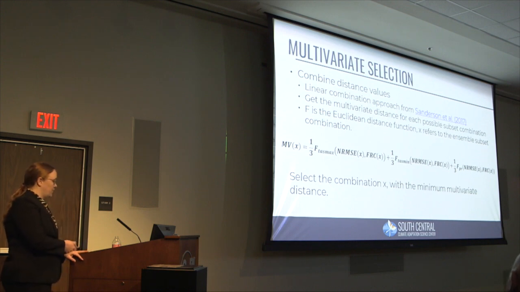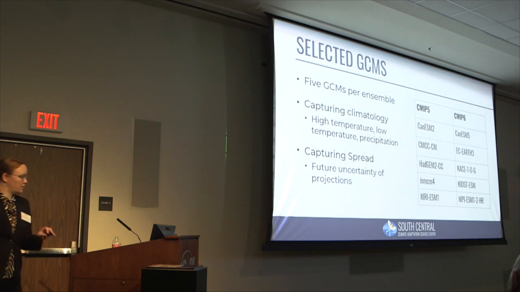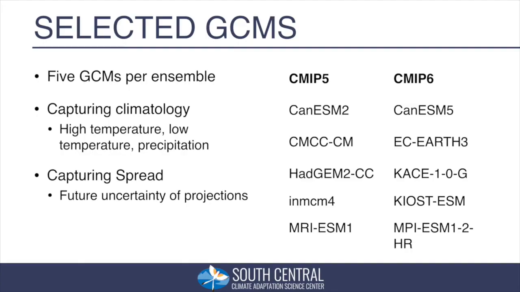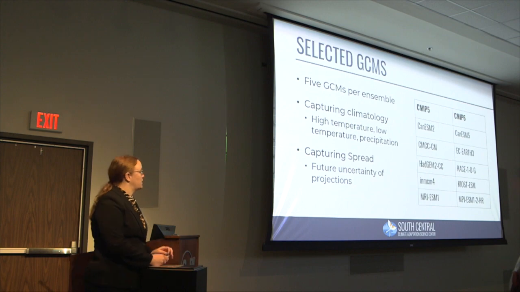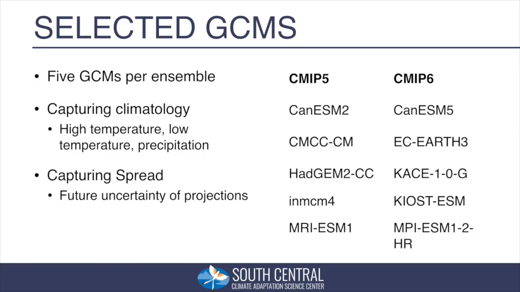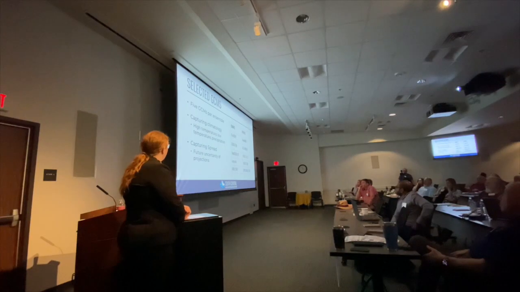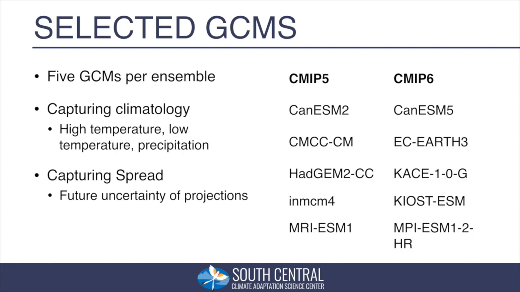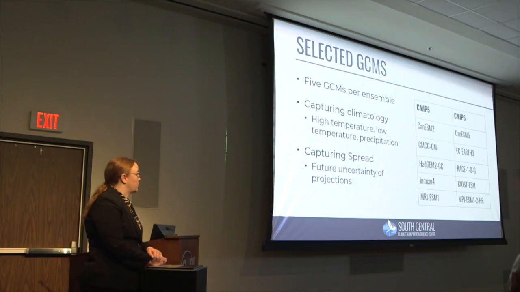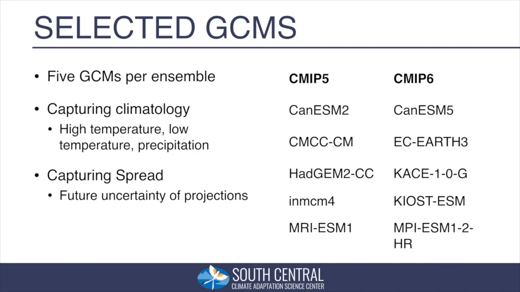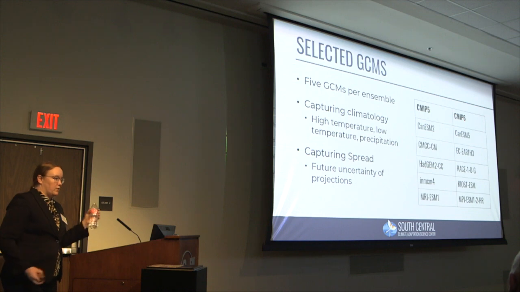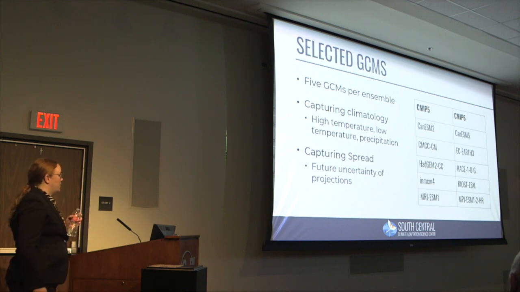So, that in mind, this is the group of models that were originally picked from each of the 2 ensembles, CMIP5 and CMIP6. I'm not going to read all of the models, I'll just leave that up there for a minute. But they do a good job together of capturing historical climatology, as well as capturing the spread of the much larger ensemble. And that was the point. Again, we don't want to ignore the uncertainty. We want to incorporate the uncertainty into what we're doing here in applications of decision making.